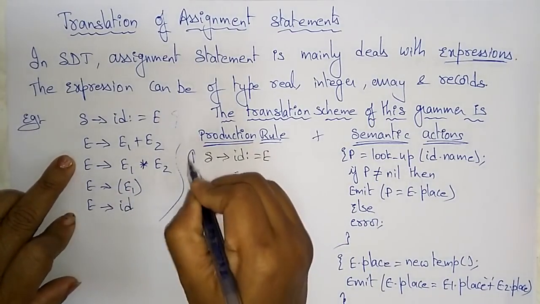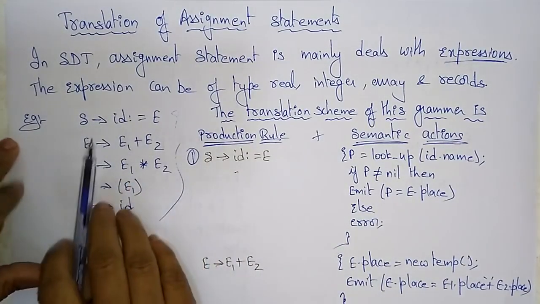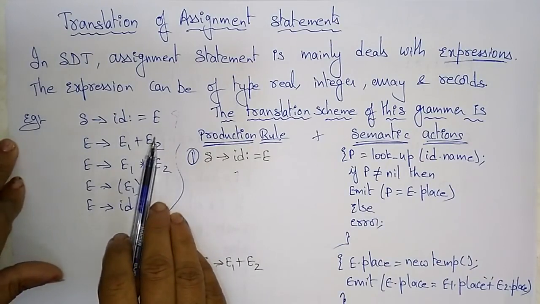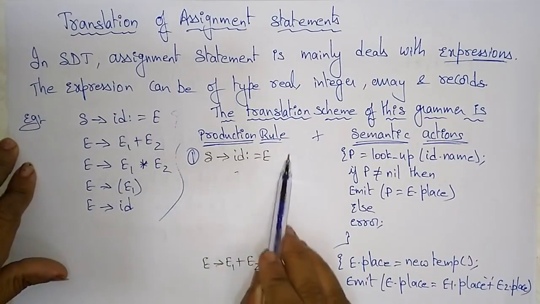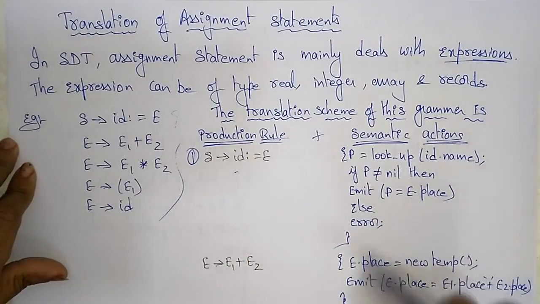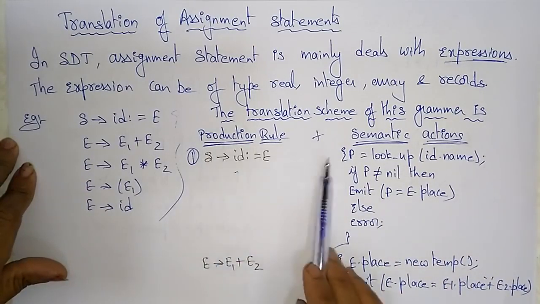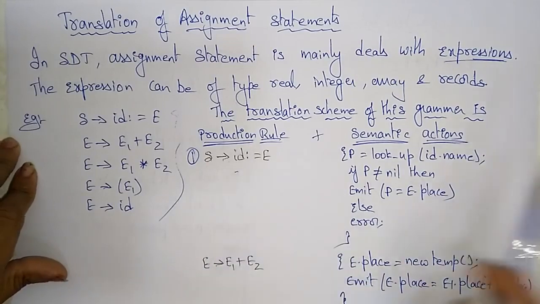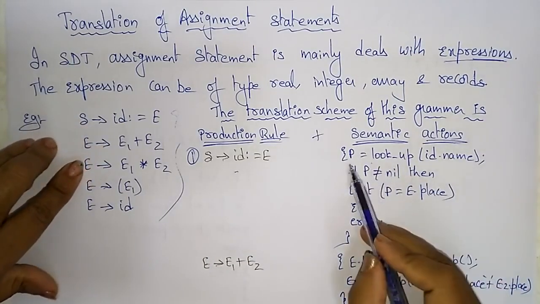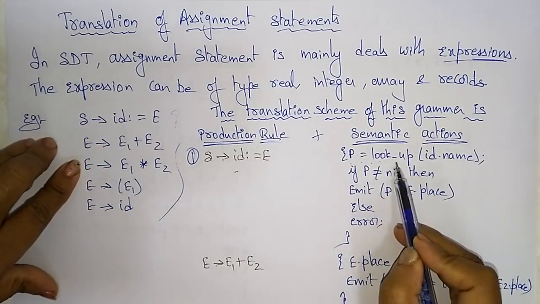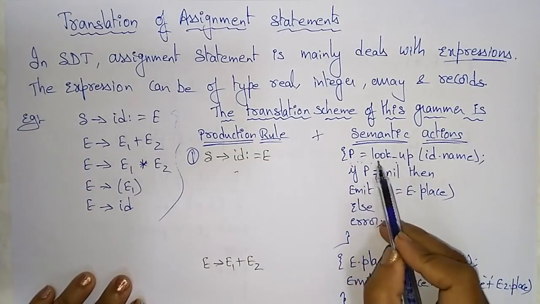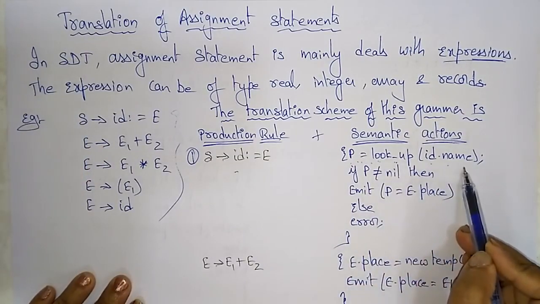Let's take the first production. The first production is S determines id is equal to E. For this production, what is the action that has to be taken? The semantic action is P is equal to lookup of id dot name.